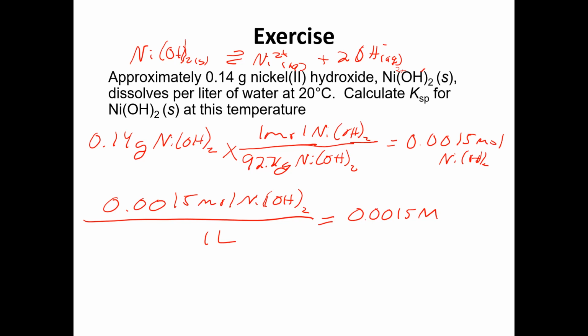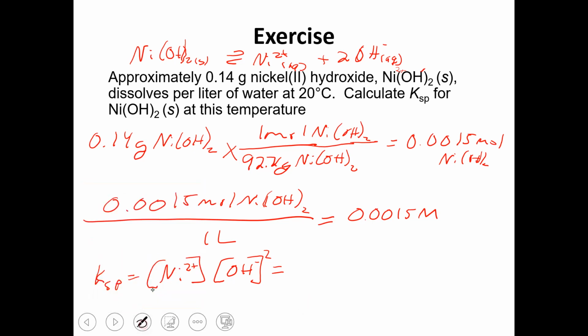So if we write our expression for Ksp, Ksp is going to be equal to the concentration of nickel times the concentration of the hydroxide ion squared. Now, just like with the last one, there's only one nickel ion, so this is going to be the concentration of nickel, but we have to multiply this by 2 for the hydroxide ion, since there are 2 of them.